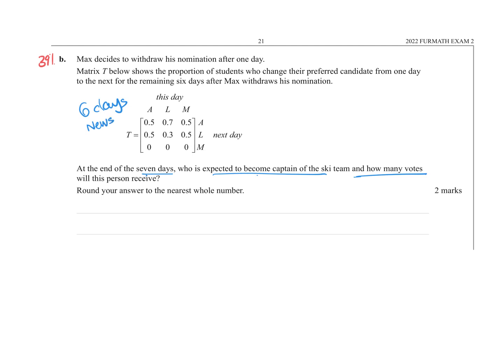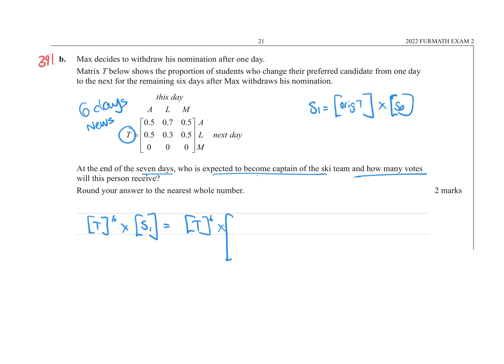So really you're going to do this transition, T to the power of 6, times S1, which was found in the previous question. Just remember S1 was the original transition times S0. I'm not going to write out that transition again, but I will write the S1 so you know what numbers you're putting in. 180, was it?